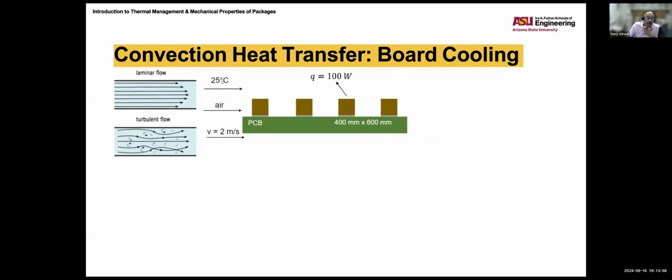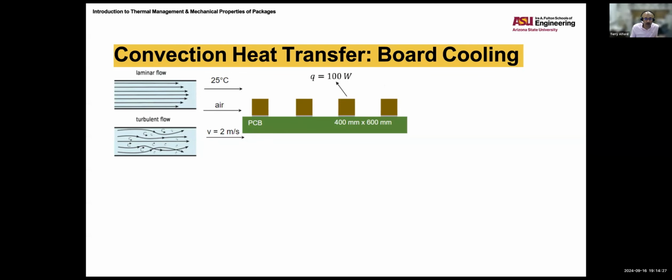The temperature is 25 degrees C, the fluid is air, and the velocity, that V should be a U, is 2 meters per second. We have our printed circuit board, 400 millimeters by 600 millimeters, and we have to remove 100 watts.